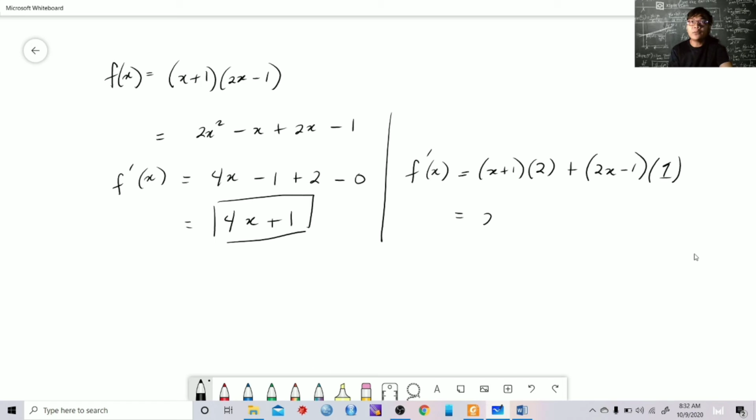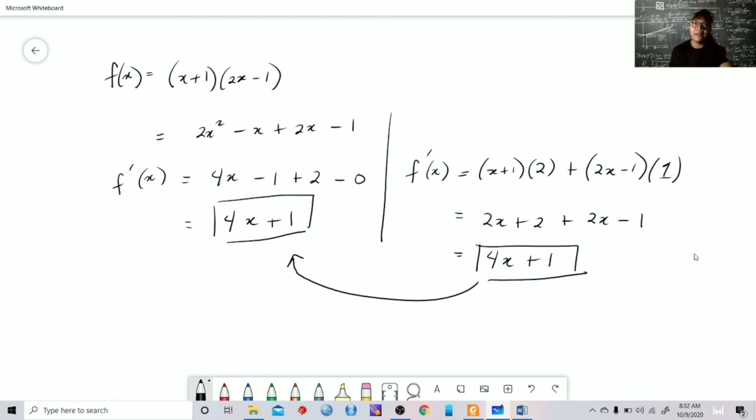So we will get 2x plus 2 plus 2x minus 1. And then by combining like terms, we get 4x plus 1. So we have the same answer as this.